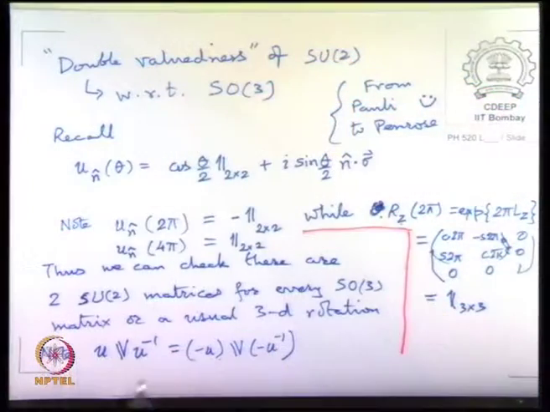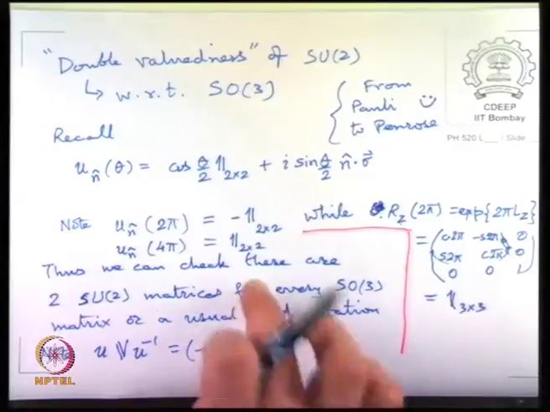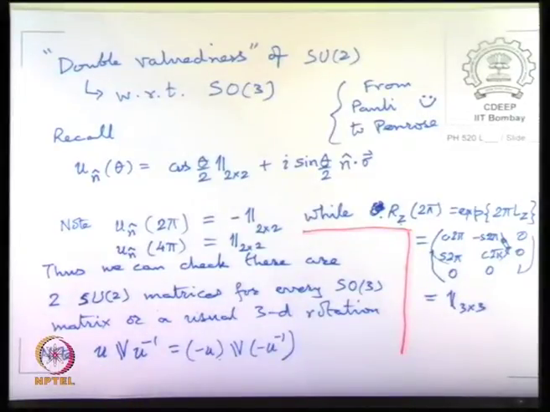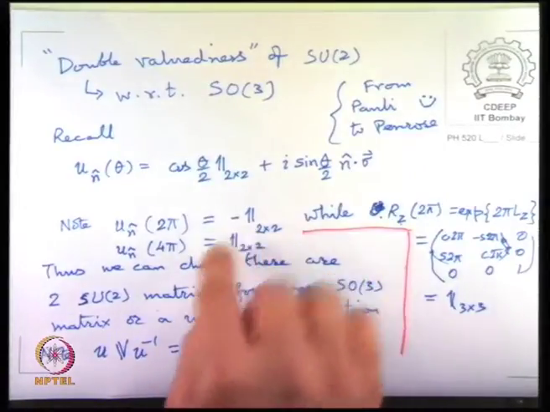So U and minus U are both doing to vectors V the same thing, and for which there will be only one corresponding rotation matrix, an ordinary rotation matrix. So there is a two valuedness, and that was what was observed here.